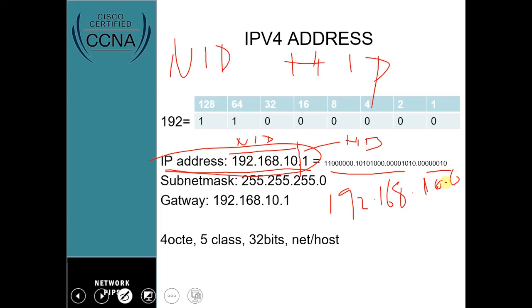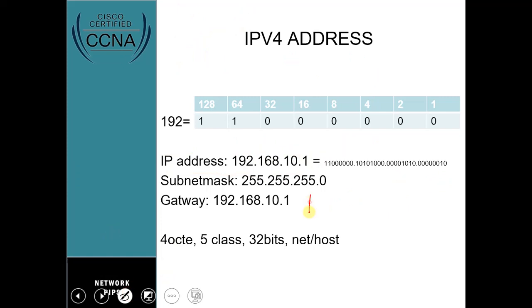Another address you should be aware of is the broadcast address, the broadcast ID. This broadcast ID is used for communicating. It's not going to be assigned to any host or any device on your network either. It's usually the last address on that network. So the last address on this network is going to be 192.168.10.255.